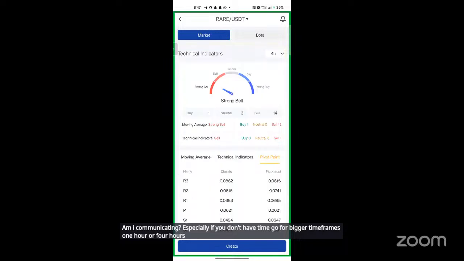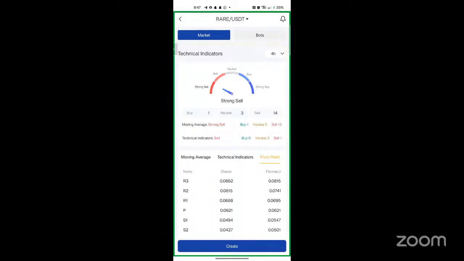Yeah. Now, the pivot point here is 0.0621, and the current price is 0.0580.